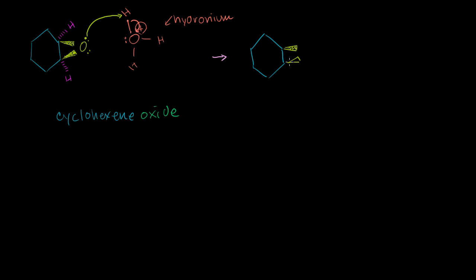It had these two extra electron pairs, but now it gave one of its electrons to this hydrogen right here. And I call it a proton because a hydrogen without an electron is just a proton. It doesn't have another neutron inside of the nucleus. So you have the hydrogen over there. Now, since this oxygen gave away an electron, it now has a positive charge. Let me draw these two purple hydrogens that are behind the page.